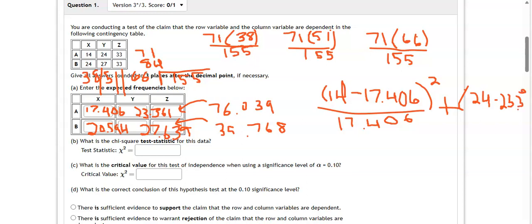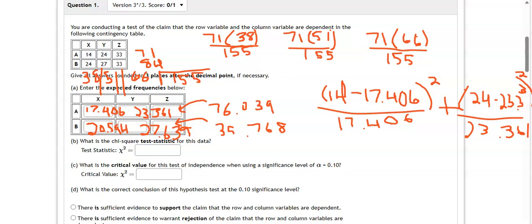I'm going to try to stay on the screen here. I know that looks funny. Over the second one, 23.361. Now you get the idea. I've got to do that for every single cell and add them all up.